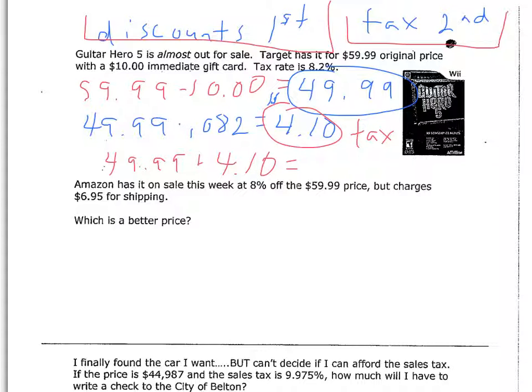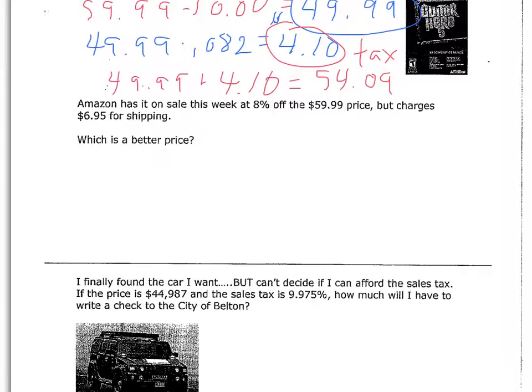So if you add that in your calculator, $49.99 plus $4.10 gives you $54.09. Okay, so there's a decent amount of math here, but as long as you know your formulas and that you have to do your discounts first and your tax second, shouldn't be an issue for you. Okay, go ahead and move on down to the next one.